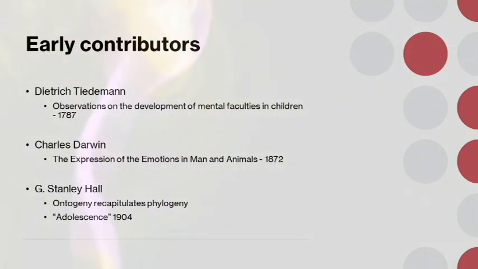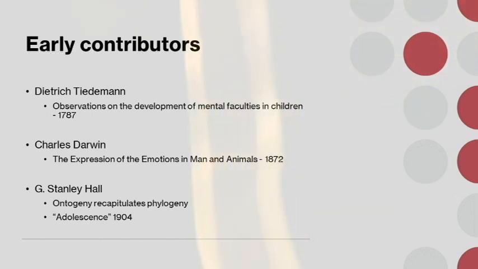And he was a key figure in psychology, and perhaps he's best known for his concept, and this is a mouthful, ontogeny recapitulates phylogeny. I'm going to say that again. Ontogeny recapitulates phylogeny, which basically means this, that the stages of individual development mirror the evolutionary history of the species. So we go through the tadpole stage, and we go through the reptile stage, and we go through the monkey ape stage, and then we finally become the full humans.